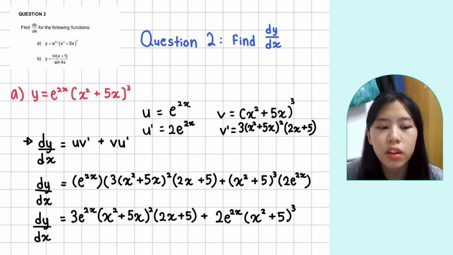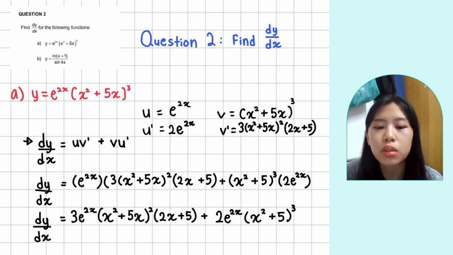Then we will simplify the expression, which turns out to be dy/dx = 3e^(2x)(x² + 5x)²(2x + 5) + 2e^(2x)(x² + 5x)³.